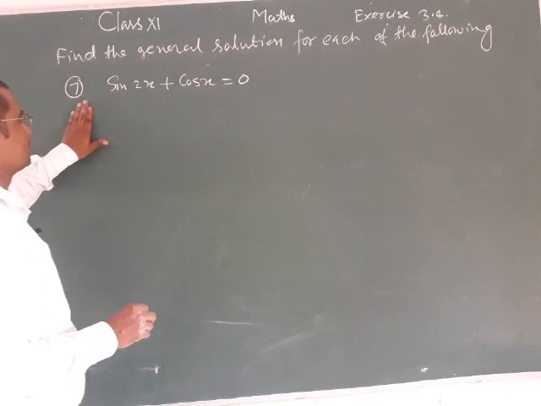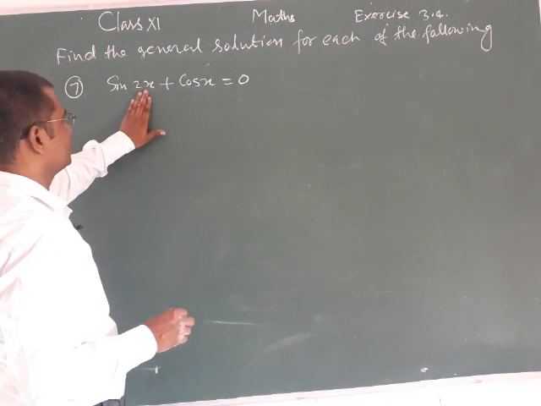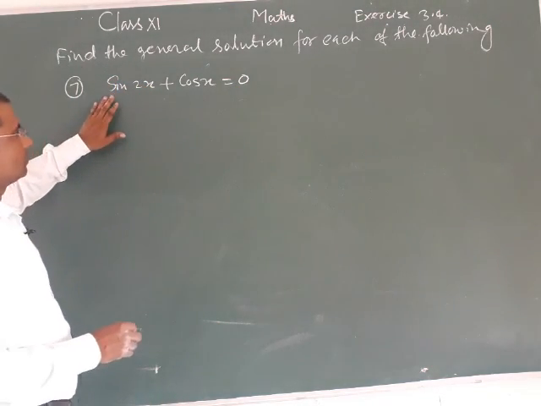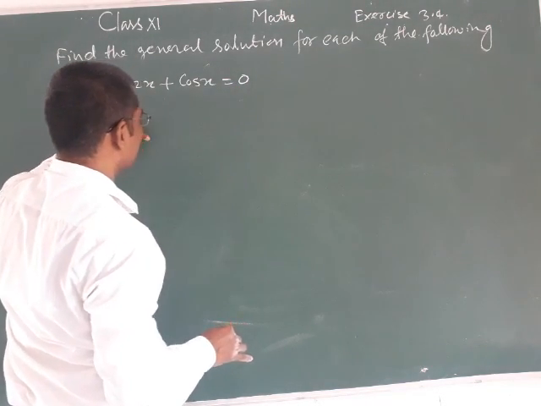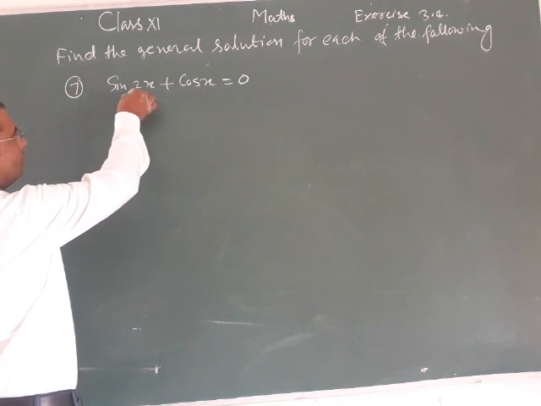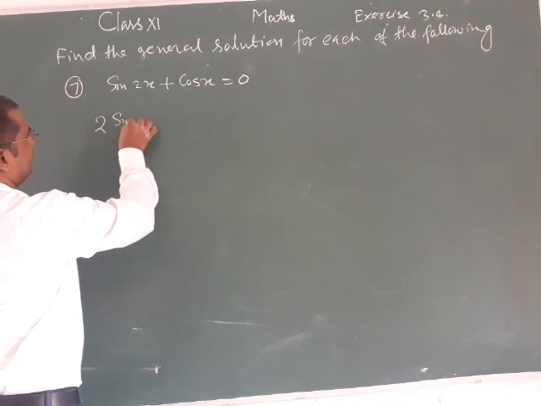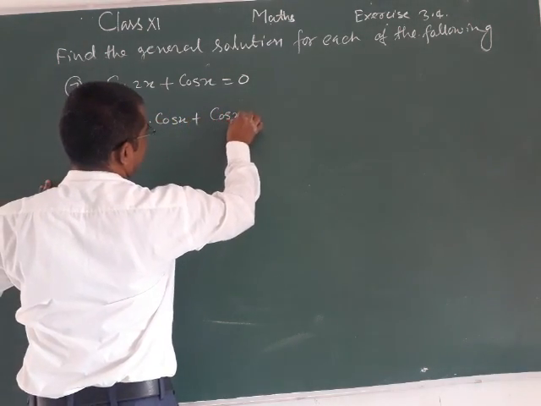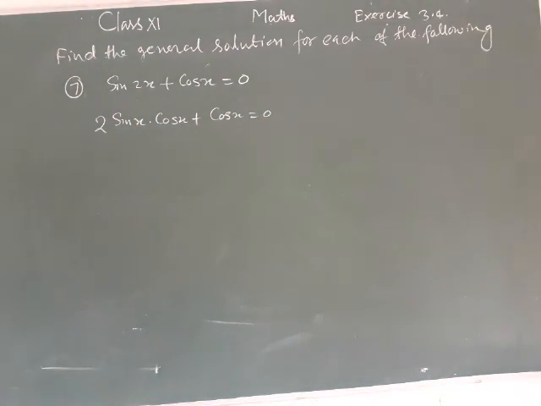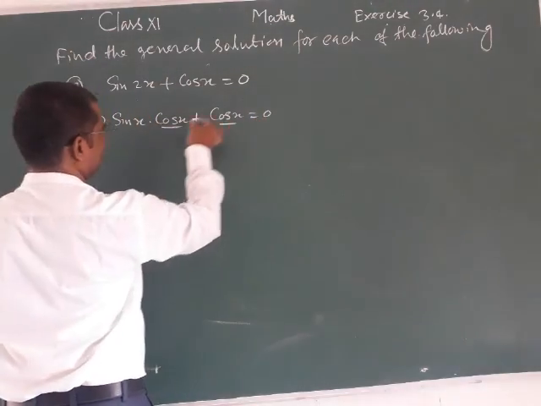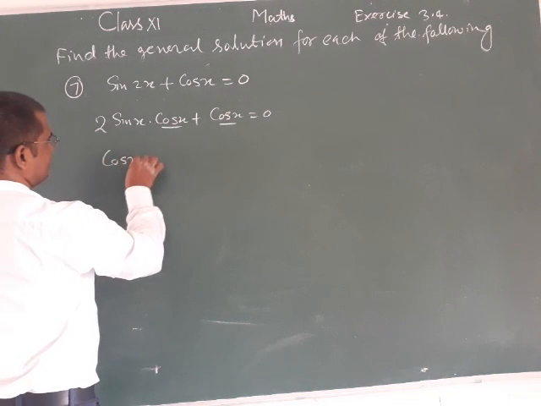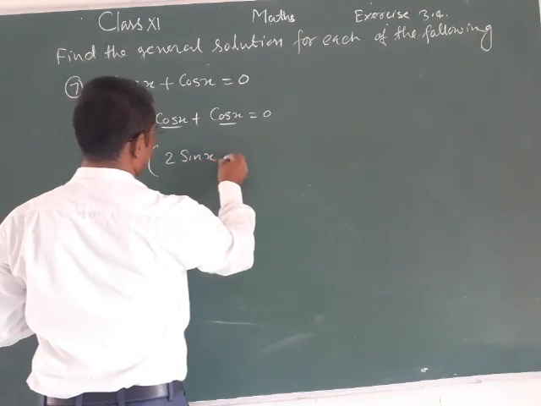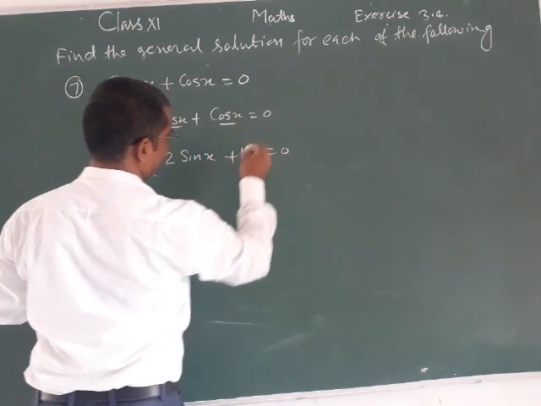Question number 7. sin 2x plus cos x is equal to 0. Since we know the sin 2x formula, you can write 2 sin x into cos x plus cos x is equal to 0. So cos x is common out, cos x into 2 sin x plus 1 is equal to 0.